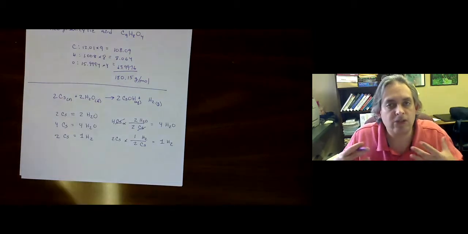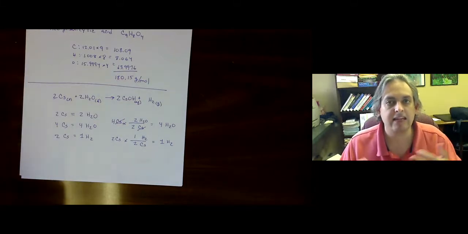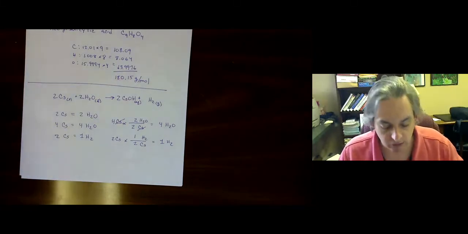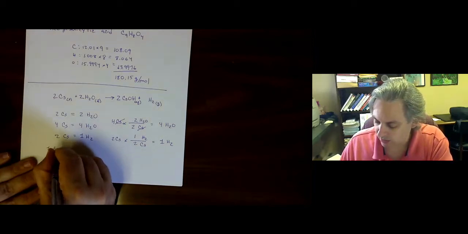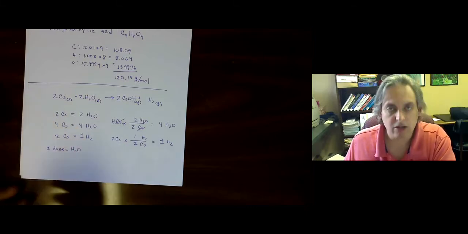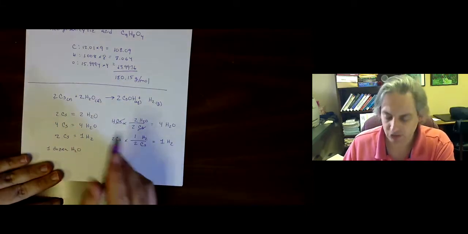Normally we don't just do individual atoms, so let's do a unit that you're probably more familiar with, and let's say dozen. Remember, a dozen is 12. So let's say we have 1 dozen water molecules. How much cesium hydroxide do we get?